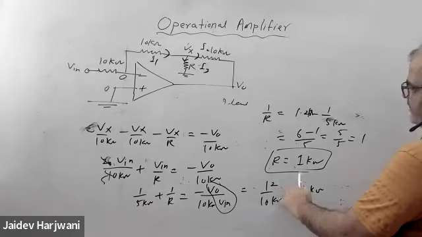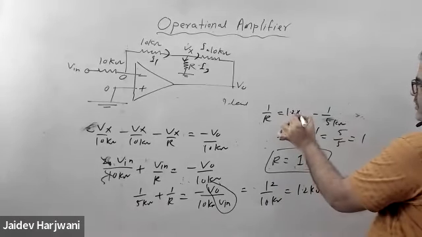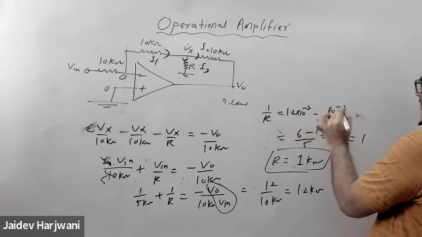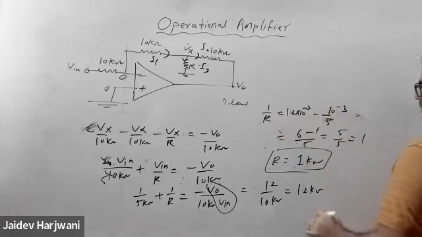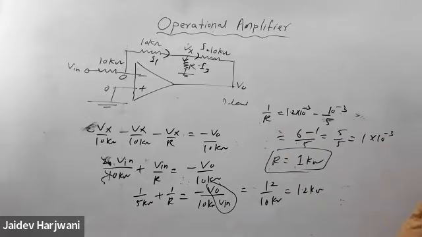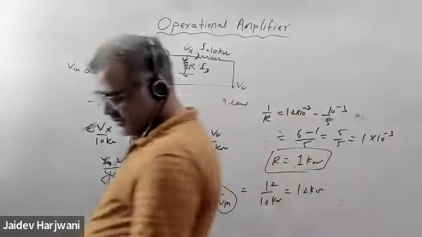I should do 1.2 into 10 to the power minus 3 here, and this should be 10 to the power minus 3 upon 5. Now it is correct. So this is 10 raised to the power minus 3, and when I invert it, it comes to 10 raised to the power 3 ohm, that is 1 kilo.